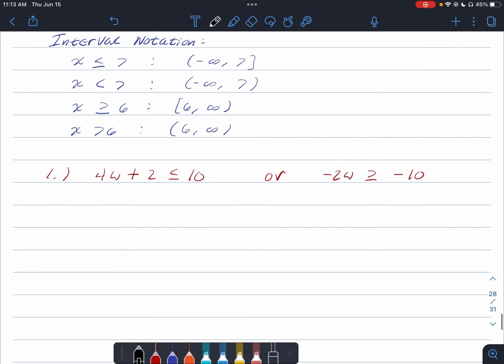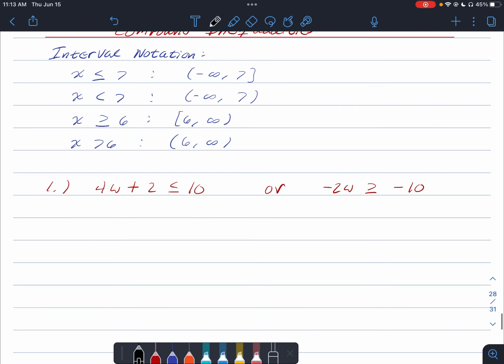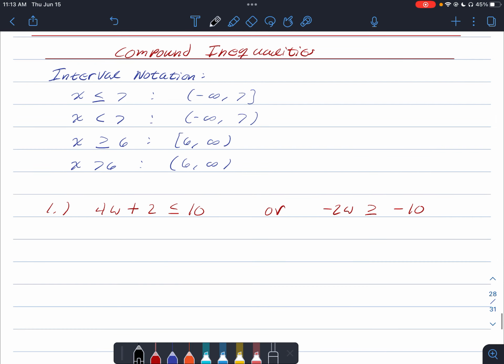So that's just a quick review on how you would write things in interval notation. Alex is going to want you to answer some of these in interval notation. If you're interested in having a review on interval notation, feel free to reach out, and I'm happy to make a more in-depth video on this. But I just wanted to do a quick reminder of how interval notation works.